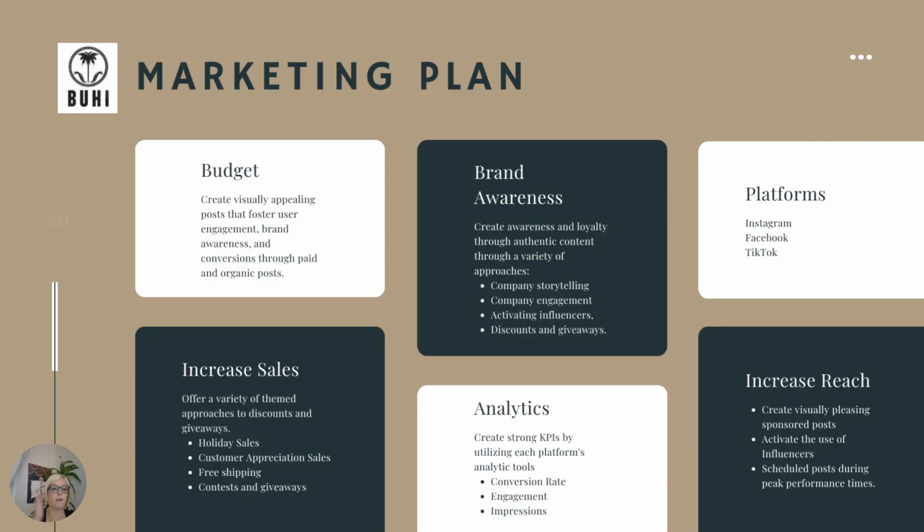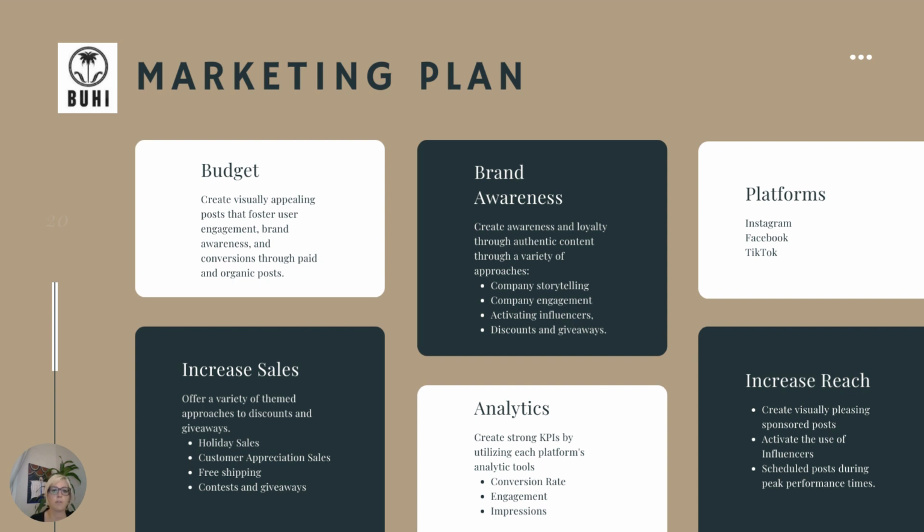Next was to compile a strong marketing plan that incorporated the goals of the business, the company, and also the research that went into it. So we were going to use the budget for content for paid posts, organic posts, and influencers. We're going to increase sales by promoting holiday sales and giveaways and contests and free shipping.